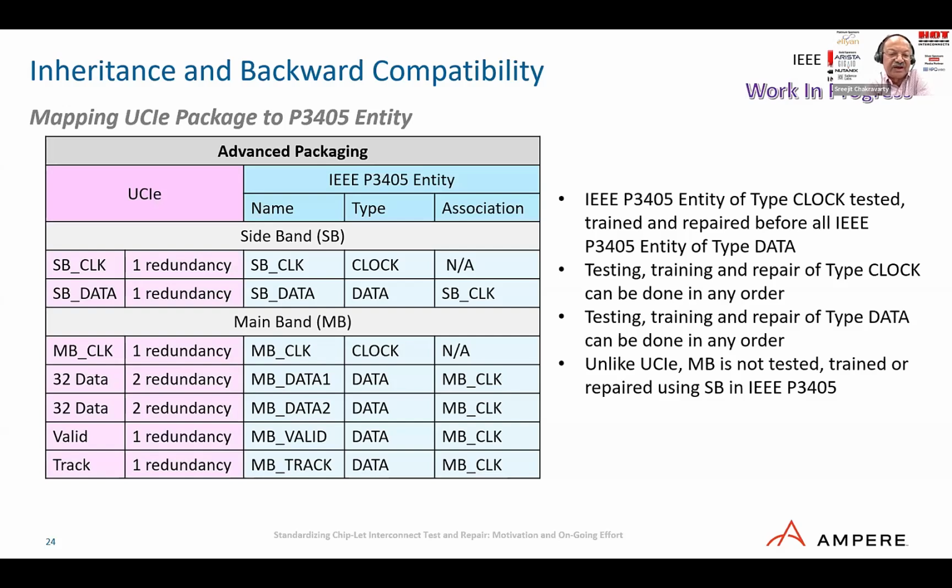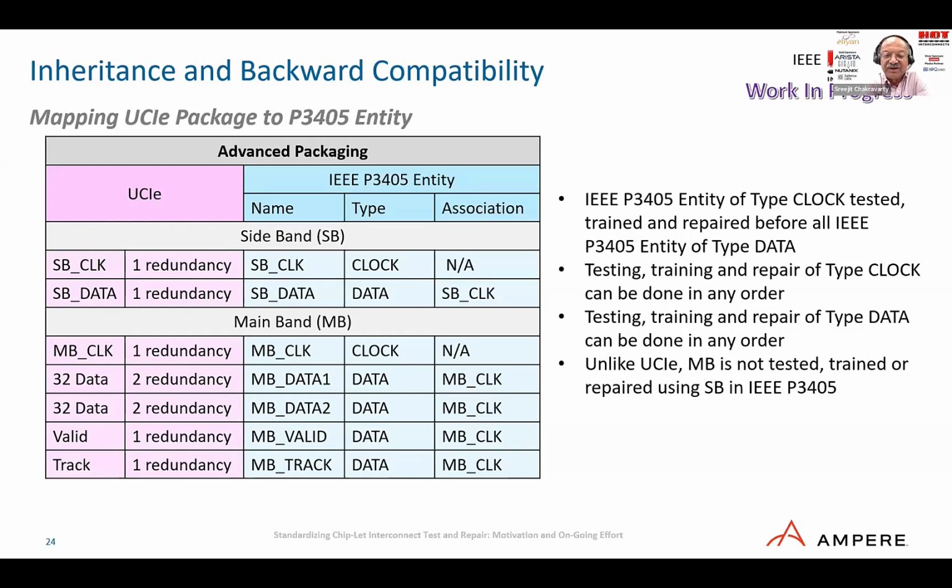And it is of type clock. Similarly, it'll be sideband data. It'll be of type data. And you'll see the rest of the list. And that is an association, right? When I want to test the sideband data, it is a synchronous data transfer using the sideband clock. So we have to say that it is associated with the sideband clock and so on.